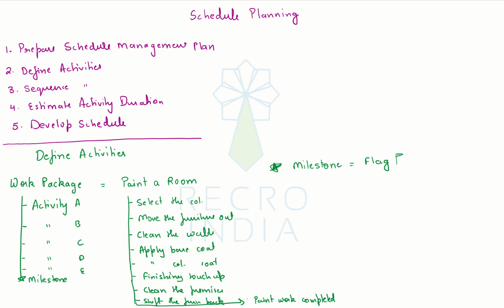However, even if I don't add a milestone, if I complete all these activities that I have written, the room will still get painted. So, the point I'm trying to make is that having a milestone or not having a milestone, technically it doesn't matter, because if the activities are performed in the way they are expected to, the work will get accomplished even if you don't have milestones.